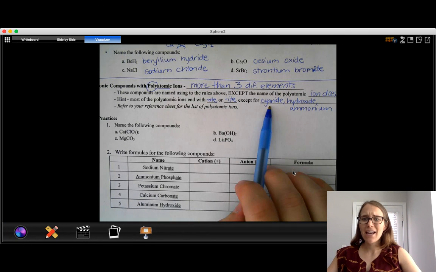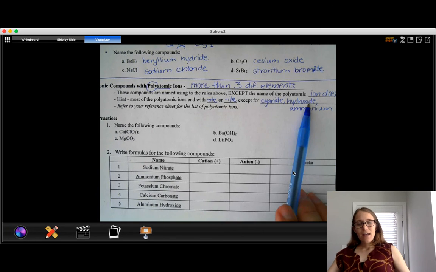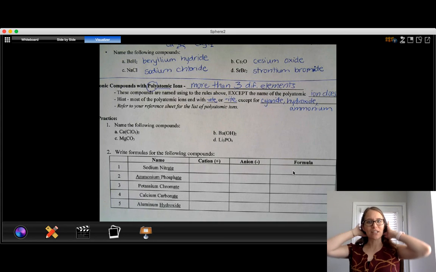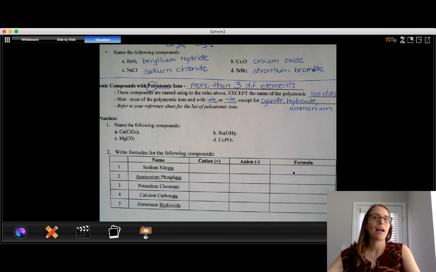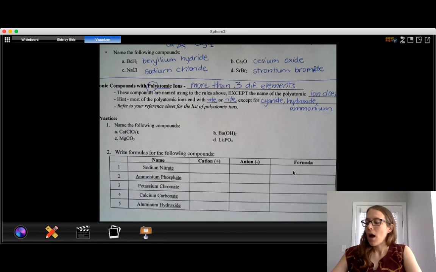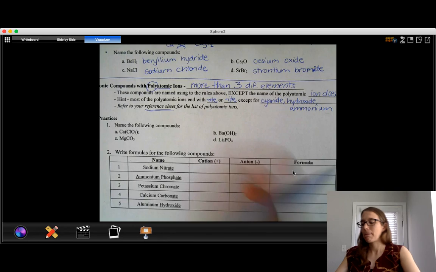If you're looking for cyanide on the periodic table, you're not going to find it. It's not an element. Hydroxide sounds like hydrogen, but it also sounds like oxide, which is oxygen, and so hydroxide is oxygen and hydrogen together. And ammonium, again, doesn't exist on the periodic table. Again, the reference sheet is where you find your polyatomic ions.